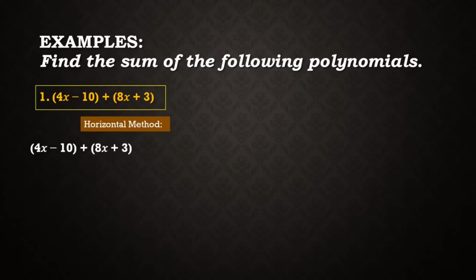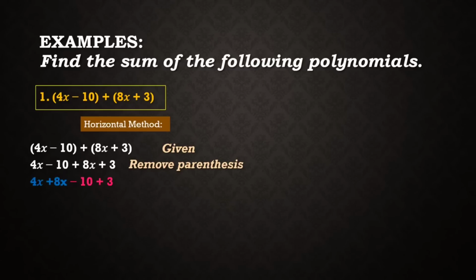For horizontal method, we first copy our given. Then we remove the parentheses. So we have 4x minus 10 plus 8x plus 3. Then we group like terms, putting together 4x and 8x and negative 10 plus 3.